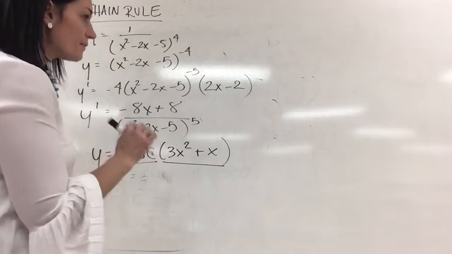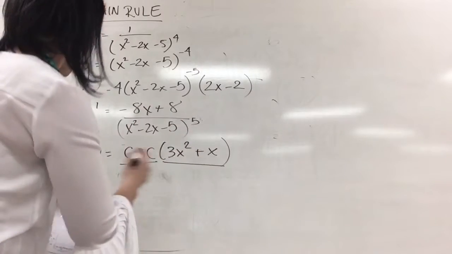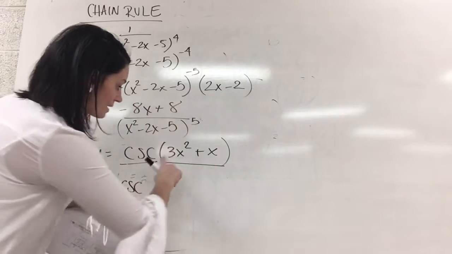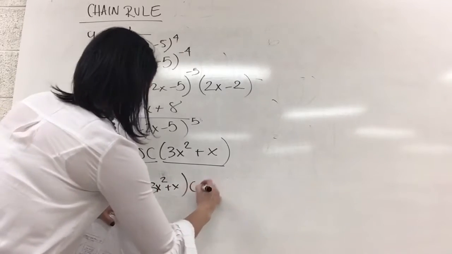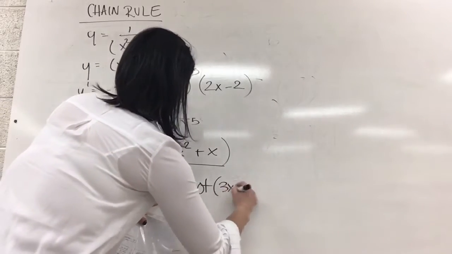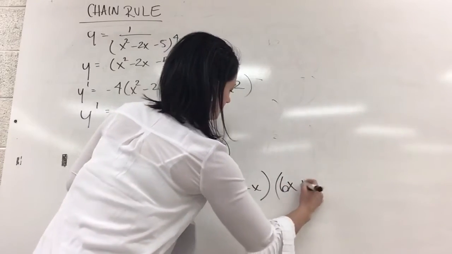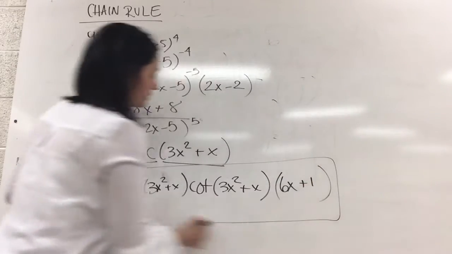Well, the derivative of cosecant x is negative cosecant x cotan x. So negative cosecant x, but that's our x, cotan x, and then you multiply by the derivative of the bracket. So that is the trig derivative using chain rule.